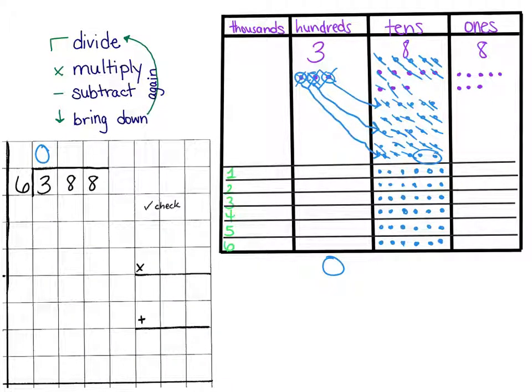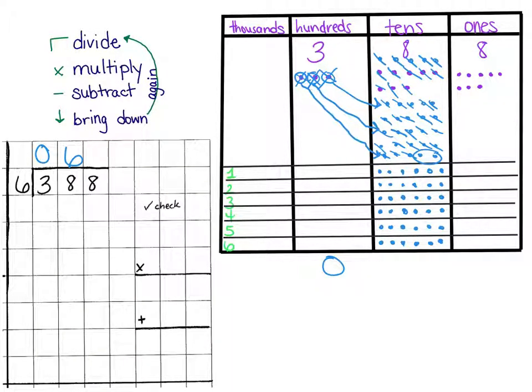When we divided 38 by 6, we got 1, 2, 3, 4, 5, 6. There's 6 in each group. There's 6 here, 6 here, 6 here. So our answer is 6. 38 divided by 6 is 6.